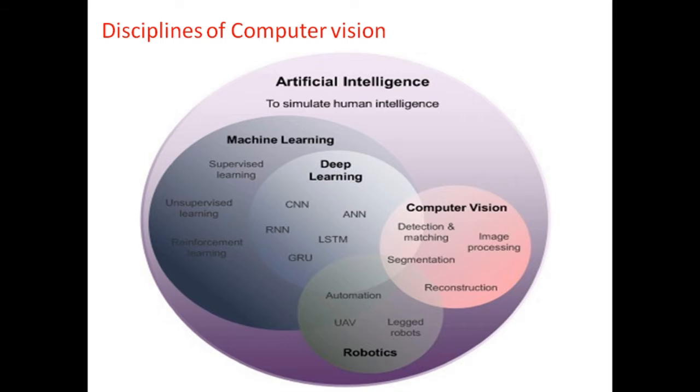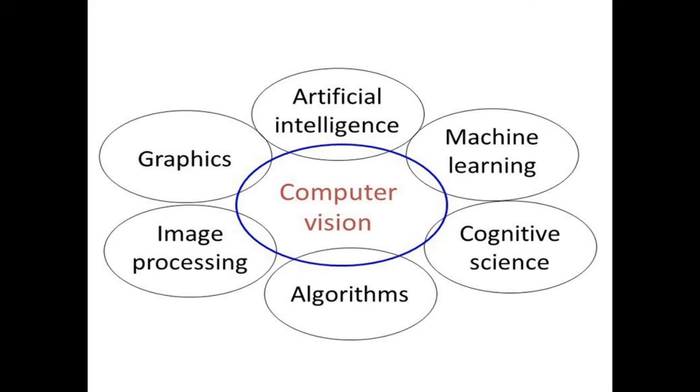Computer vision is related to many disciplines: machine learning, cognitive science, algorithms, image processing, computer graphics, artificial intelligence, speech and natural language processing.